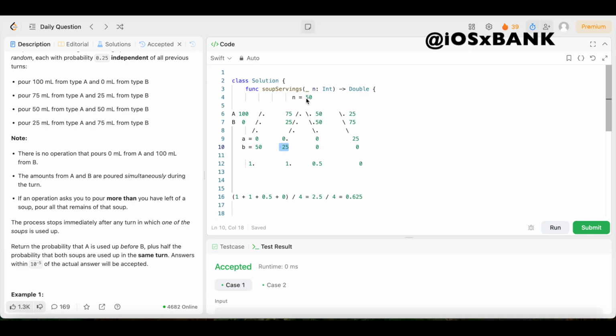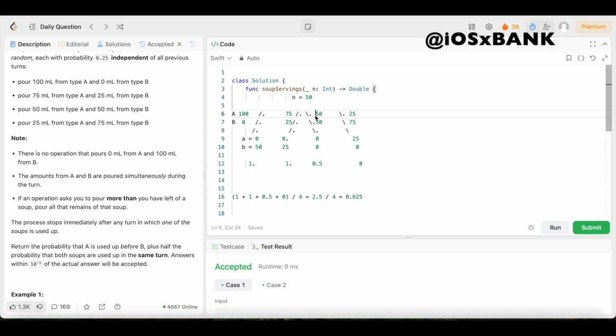However, that's not empty, because we started at 50, and 50 minus 25 is 25. So A would be empty, B would be at 25. So this also has a probability of 1 that A would empty first, because there's only 50 milliliters to pour, and we poured out 75 from A. So A will empty first in this branch as well.